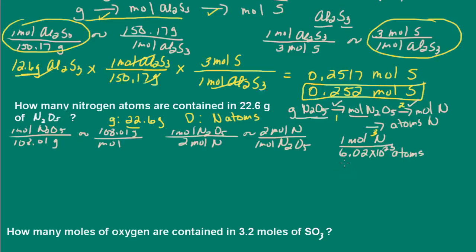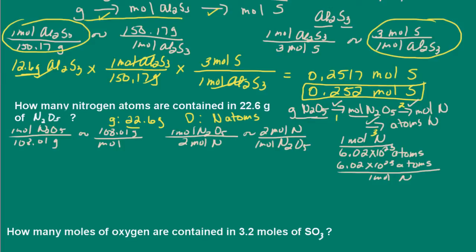And of course I can write the other conversion factor the other way, for 1 mole of nitrogen. I'm running out of room here. So now I have all 3 of my conversion factors that I need.